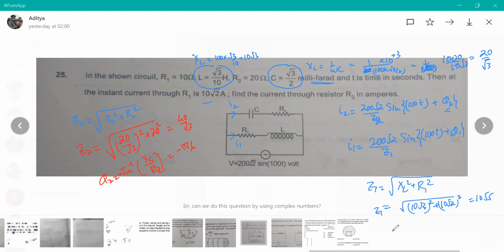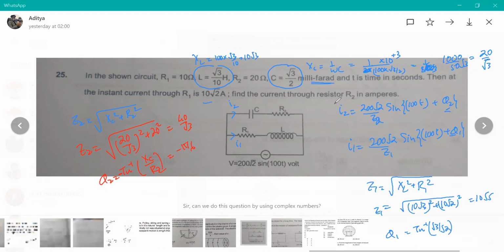And your phi 1 will become tan inverse of root 2 by root 3, or whatever, root 3 by root 2. Okay, so once you got this phi 1, phi 2 and these two amplitudes, now you can just substitute.